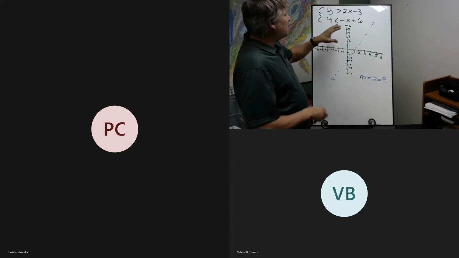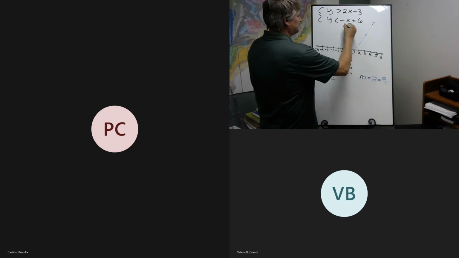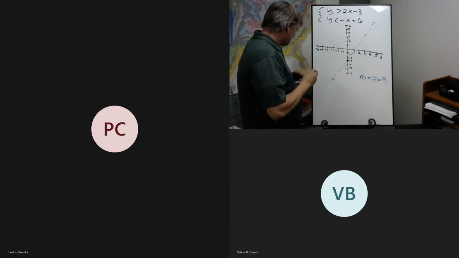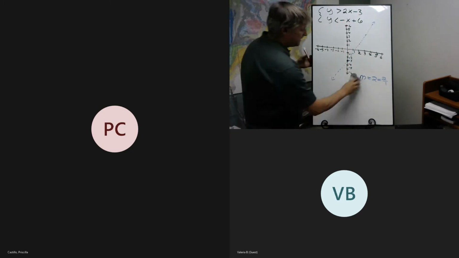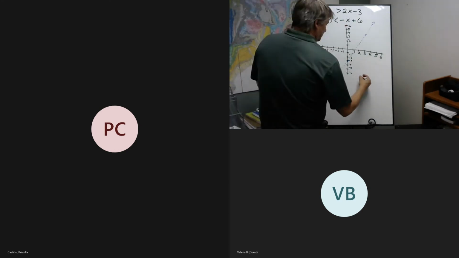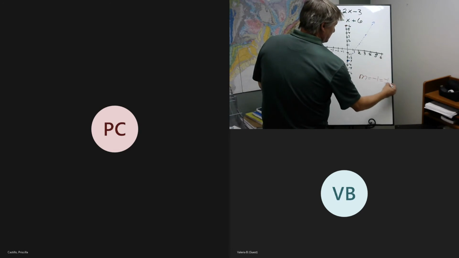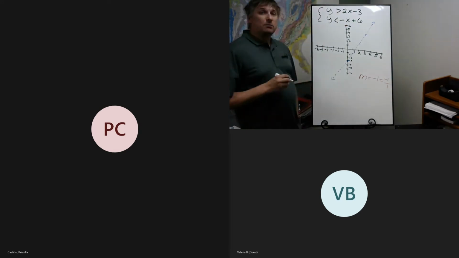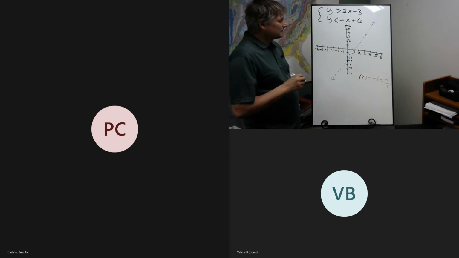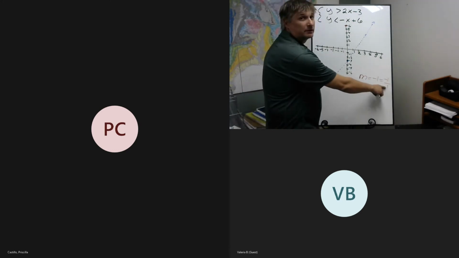Now, for this inequality, our b is going to be +6. Now, for the m, it's -1 or -1/1. So that means we'll drop 1 as we run 1.